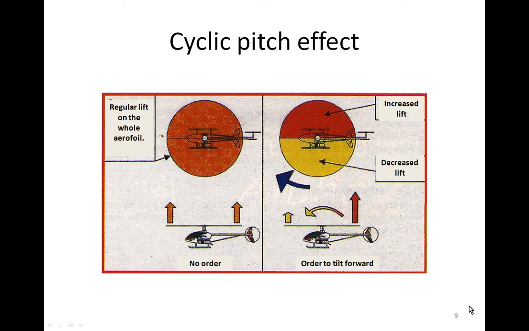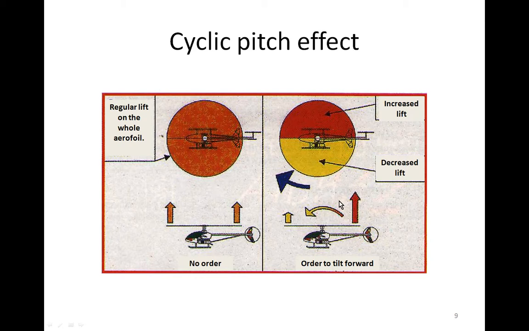As we saw for the collective pitch previously, let's see the effect of the cyclic pitch on the rotor area. On the left, the heli is hovering, lift is equal to the weight, and lift remains constant on the whole rotor area.